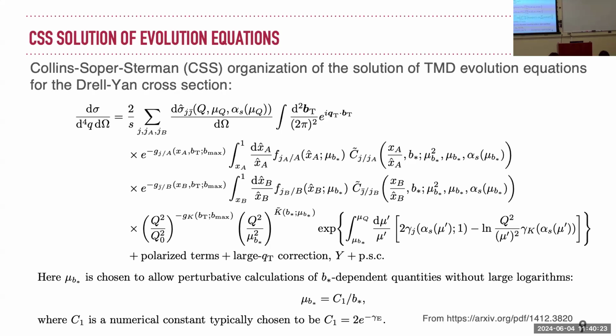My best understanding is that they were not thinking directly of TMD evolution equations. What the formulas were called was resummation. And so let me dwell a little bit on one little piece of this. Let me give you first the names. So this whole thing comes from the operator product expansion in terms of the collinear distribution.